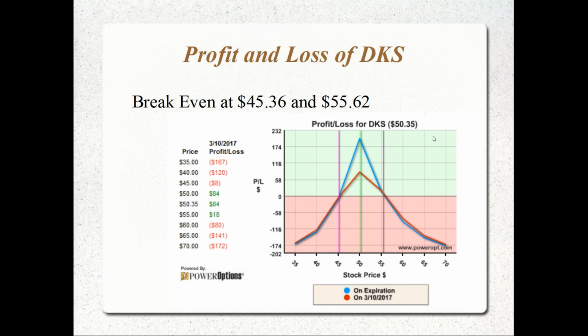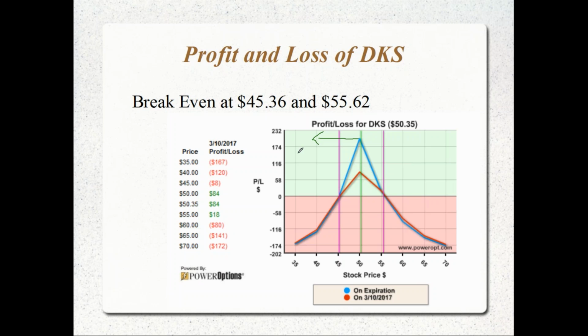A horizontal spread gives us sort of the A-frame profit and loss chart. Maximum profit is always realized on a calendar spread, whether it's a horizontal or a diagonal, if the stock is trading right at your short option strike price, the strike price of the option that you sold at short-term expiration.